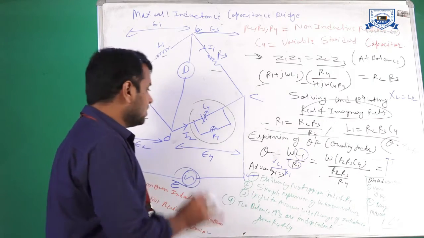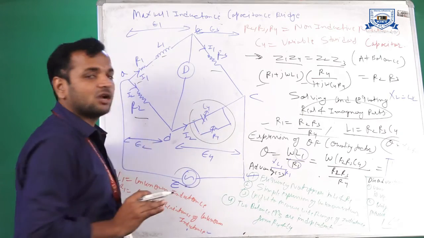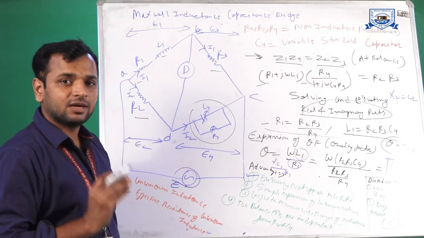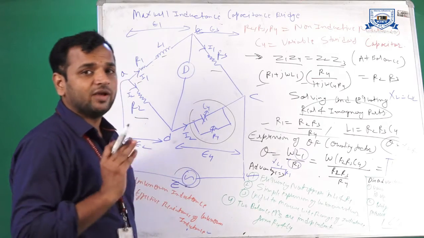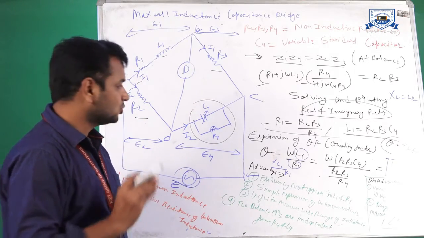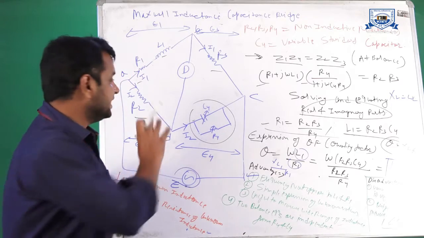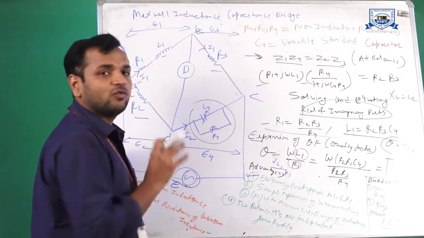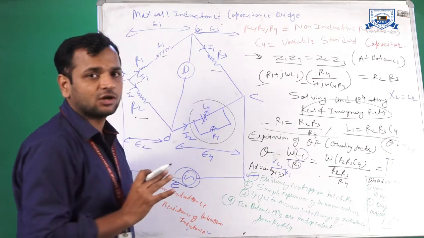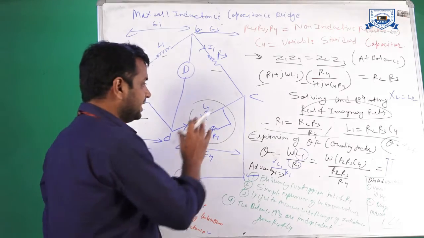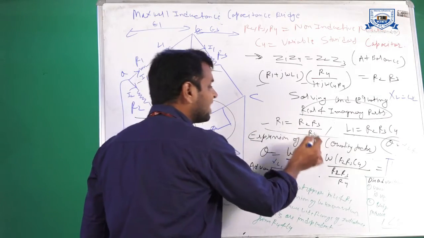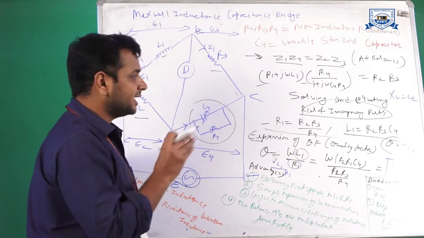That means, R4 is our variable resistance and C4 is our variable capacitance. If we want to reach the condition of balance, we need to vary both. Here you can see that both are not coming together in any of the equations.